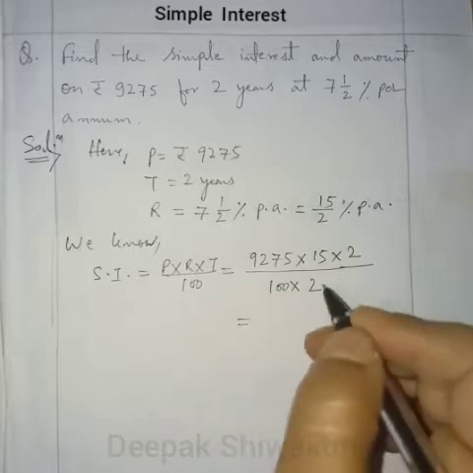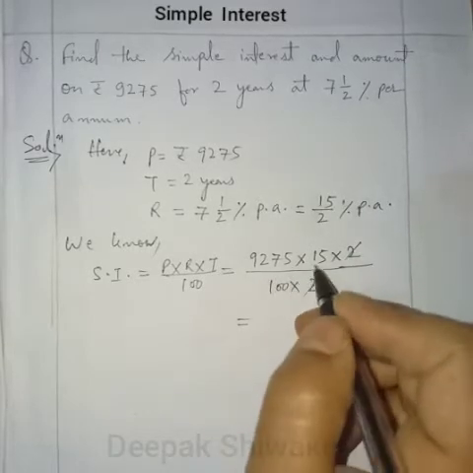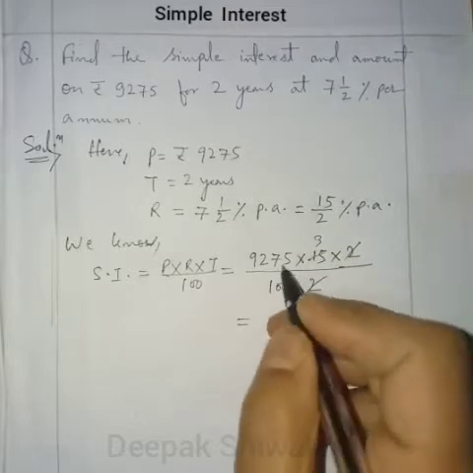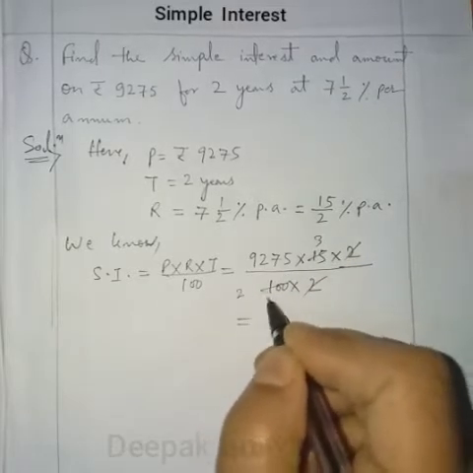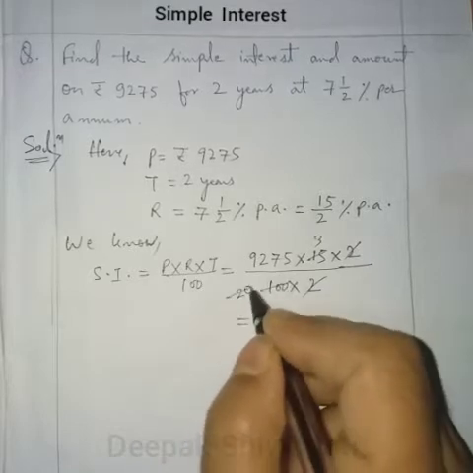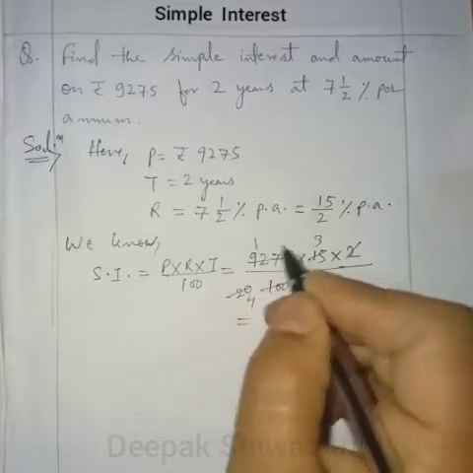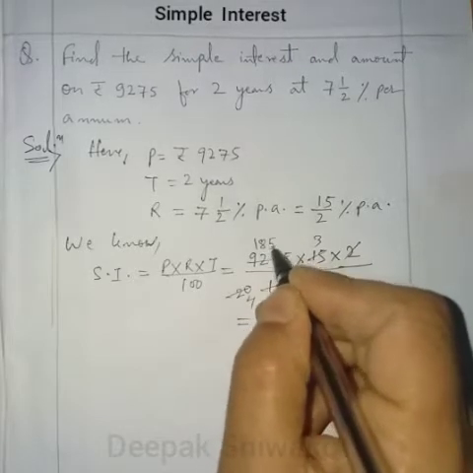Here 2 and 2 cancel, 5 threes are 15, 5 twos are 10, and 0 20. Now 5 fours are here, 5 ones are 5, 5 eights are 40 and 5 and 5.